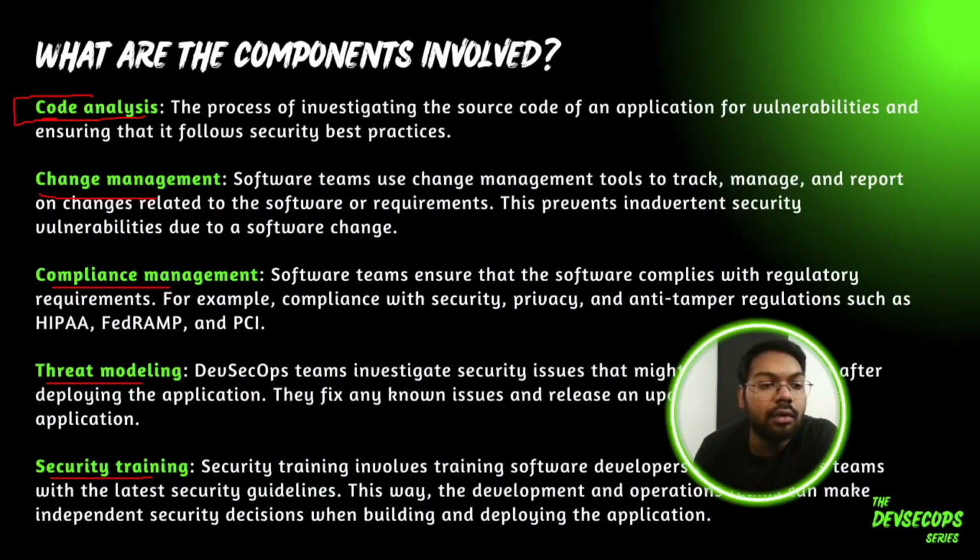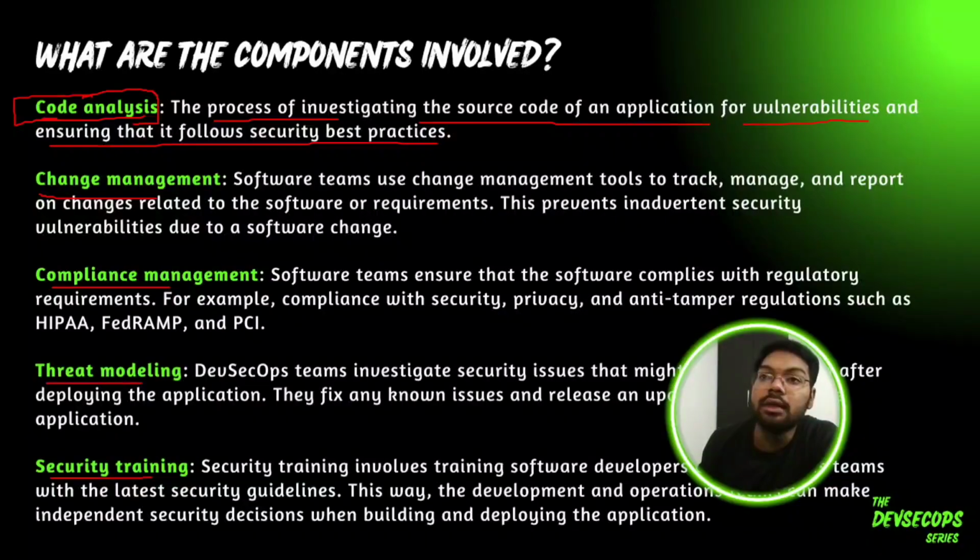Code analysis: the development team will write the code, and the security people need to know if this particular code which is being written is weak or strong, if that could be attacked or not. So, it is the process of investigating the source code of an application for vulnerabilities and ensuring that it follows security best practices overall. That is what we do in code analysis.